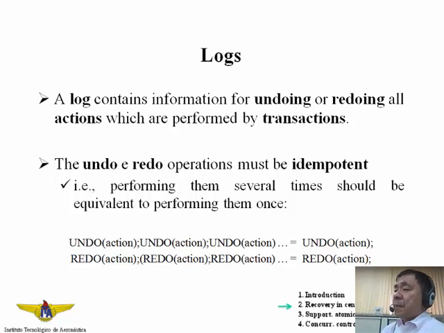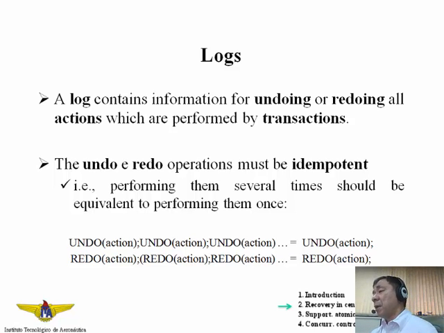Okay, and the basic mechanism to deal with failure, or to recover from failure, is using log files. Log files are very basic, simple mechanisms. The intent of the log file is to try to undo or redo actions, operations that were performed by transactions.